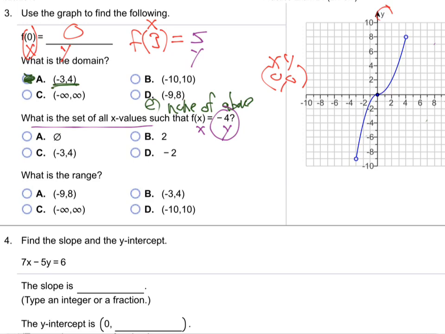And give us the x value that's going with that dot. At a y value of -4, what is the x value of that point? -2. Is that making sense? Are you speaking their language? They're giving you a y, they want an x.